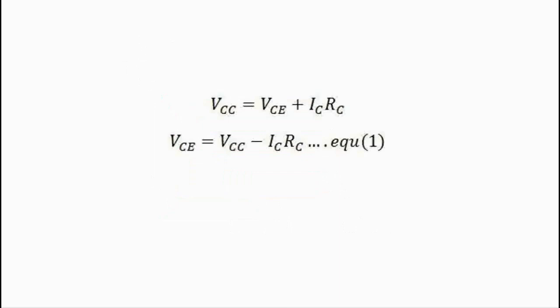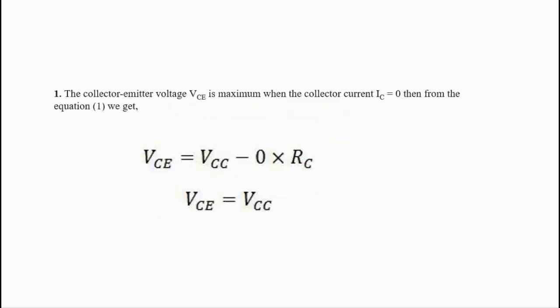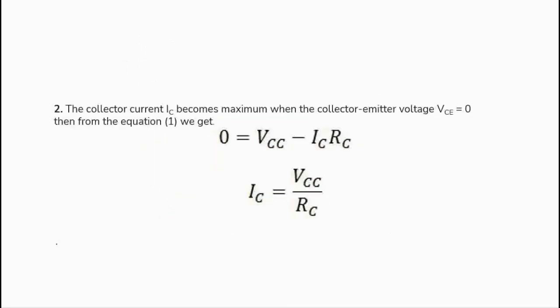Now the second point: the collector current IC becomes maximum when the collector emitter voltage VCE equals 0. Then the equation becomes 0 equals VCC minus IC RC, where IC equals VCC by RC. This gives the second point on the collector current axis as shown in the figure.